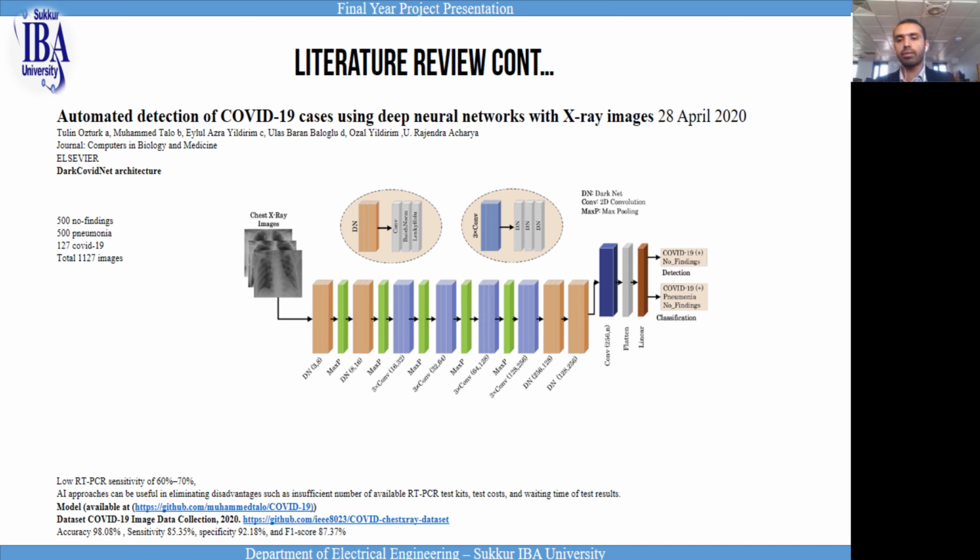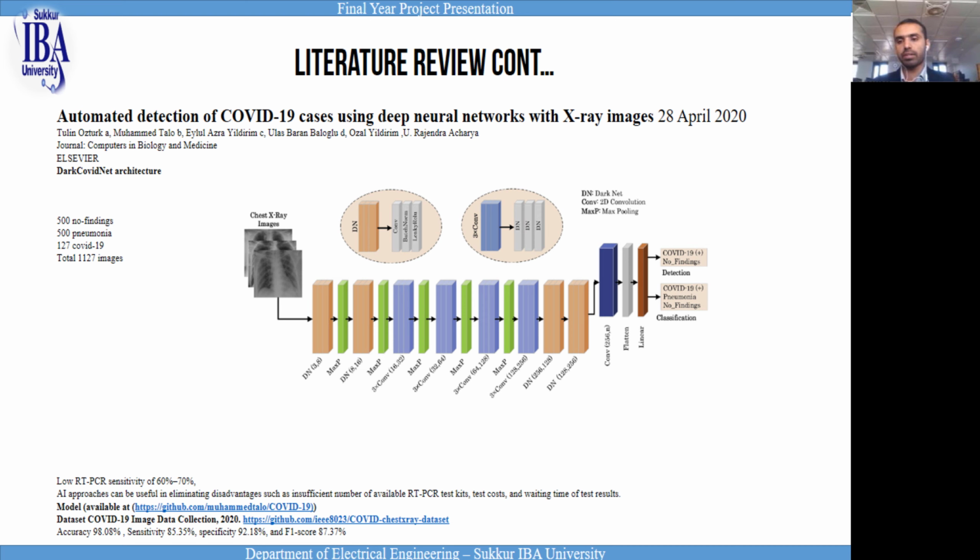In this paper, automated detection of COVID-19 cases using deep neural networks with X-ray images, published in April 2020 in Elsevier, they have made their own architecture, and they have named it DarkCovidNet architecture. Their dataset contains 3 classes: no finding, pneumonia, and COVID-19.